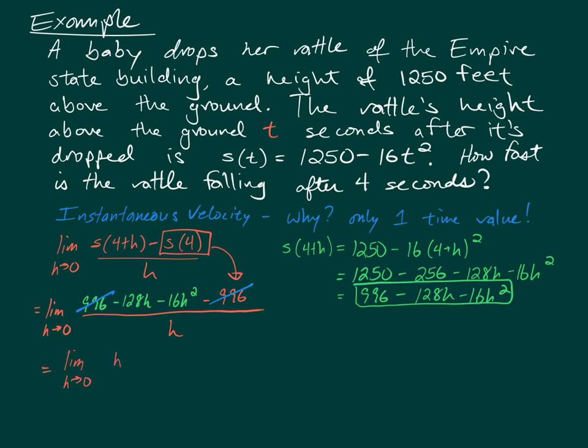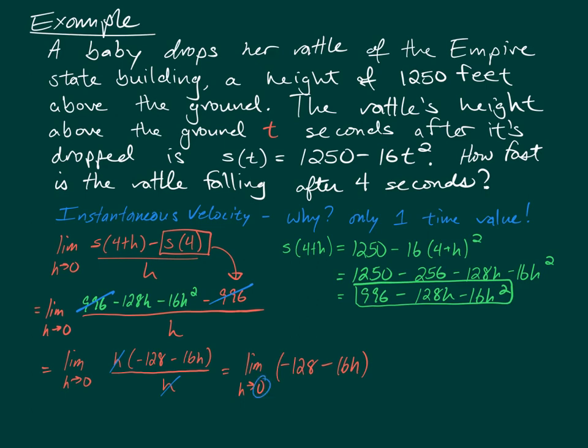So this will be h times negative 128 minus 16h all over h. And now the h in the numerator and denominator cancel. And what we are left with is the limit as h approaches 0 of negative 128 minus 16h.